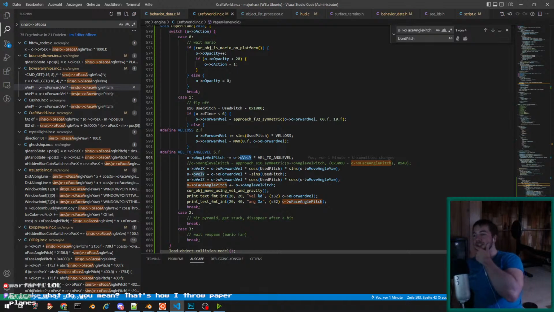I think the issue lies in the angular pitch being scaled with just the y velocity, where in reality it should be scaled with the rotation relative to the pitch, right? Although the y velocity is already scaled from the forward velocity.